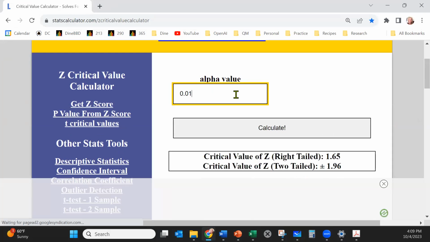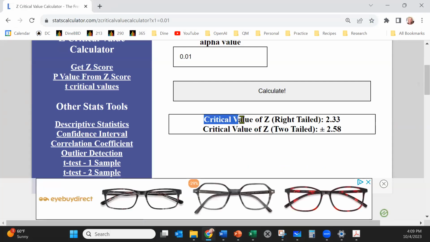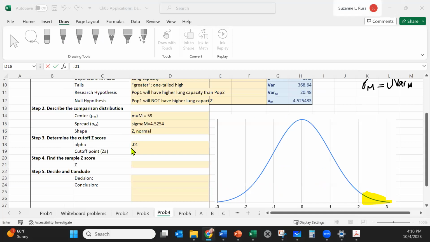We change it to 0.01 and we hit calculate. We already determined when we parsed the problem that we're looking for a one-tailed high test, which is the same as a right-tailed test. And critical value just means the cutoff point. And so we are going to write it as Z alpha, Z with a little a next to it. Z alpha is 2.33.